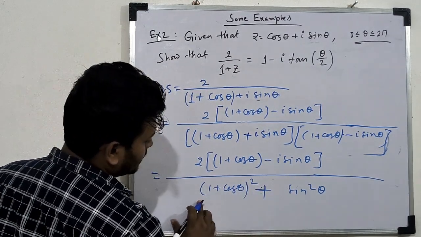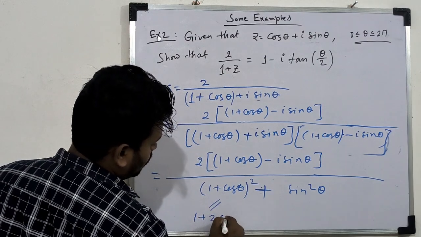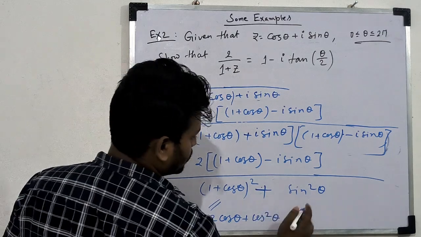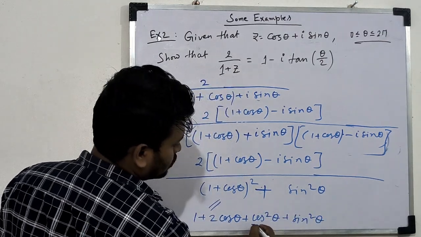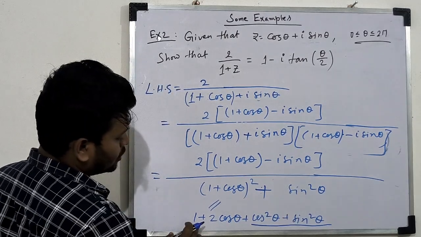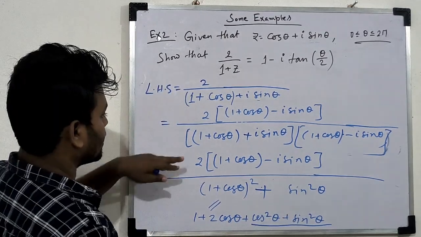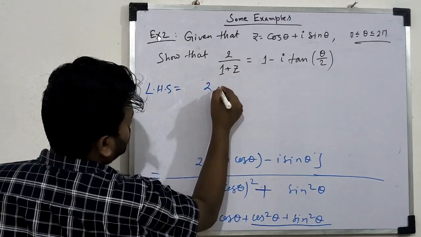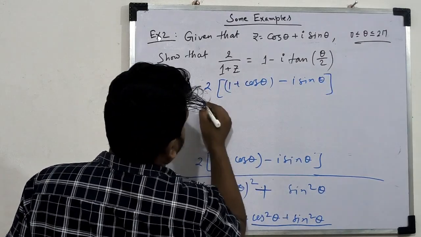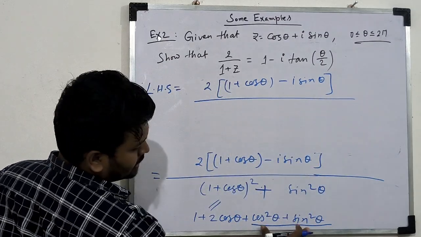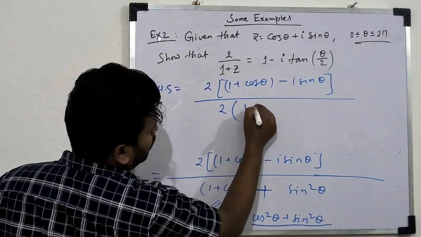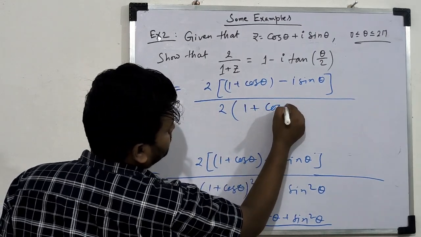So if we calculate this, 1 + 2 cos θ + cos squared θ plus sin squared θ. As cos squared θ + sin squared θ = 1, the denominator we get is 2 + 2 cos θ, and the numerator becomes the same. From this we get 2(1 + cos θ − i sin θ), and the denominator is 1 + 1 = 2, and there are 2 cos θ, so 2 is common, 2(1 + cos θ).